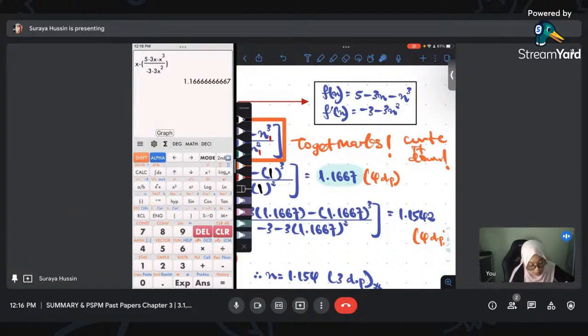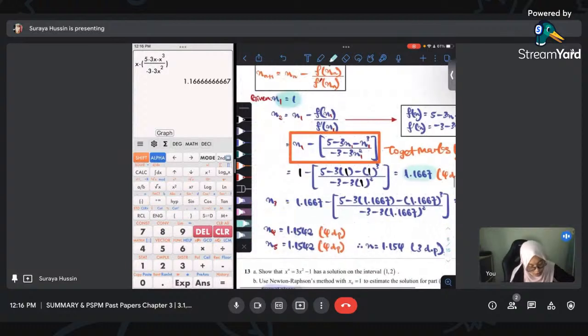Okay, so 1.667, and then I put it into the next x3. Put it into the next one.